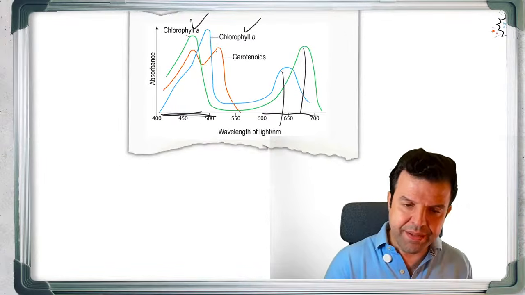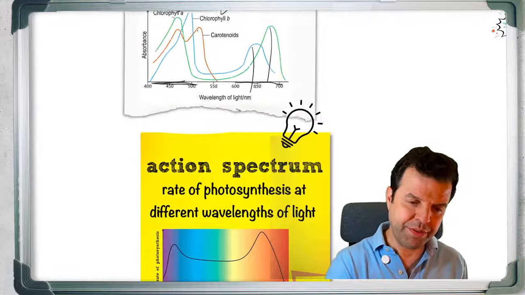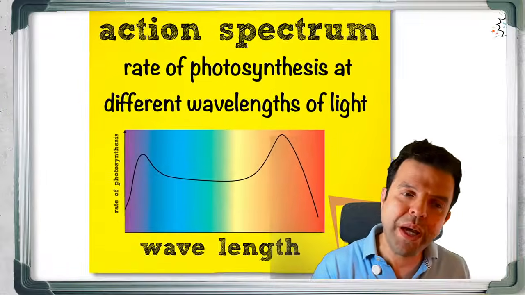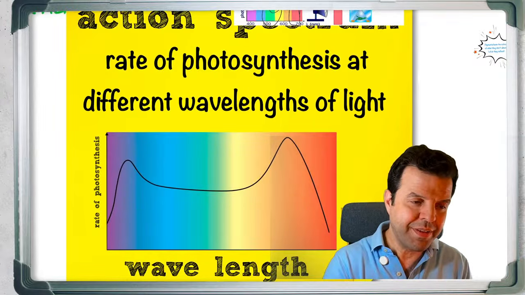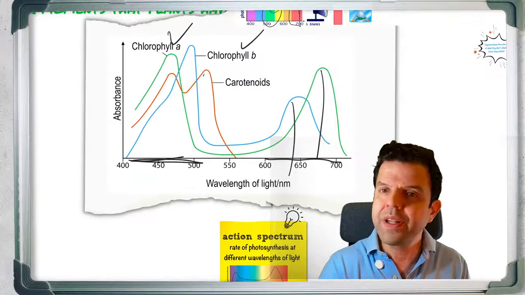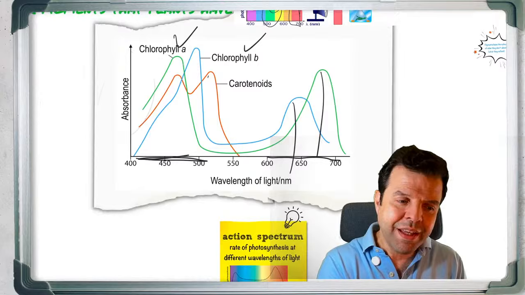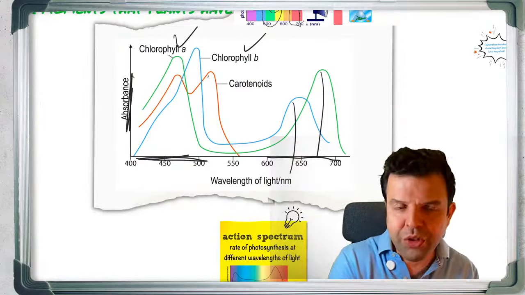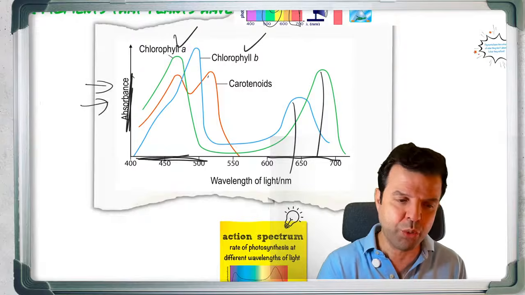You can link this to rate of photosynthesis, and that's what I call an action spectrum. So again, what's the difference between this curve and this curve? Nothing, except what's written on the y-axis. Here it's absorption, which shows me how much of the wavelengths are absorbed.